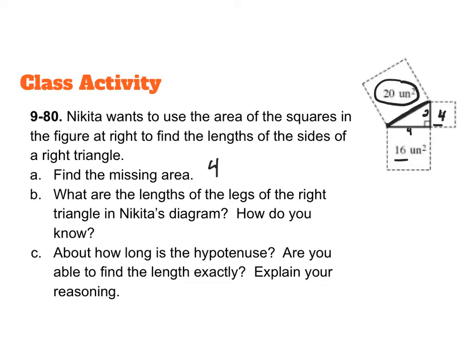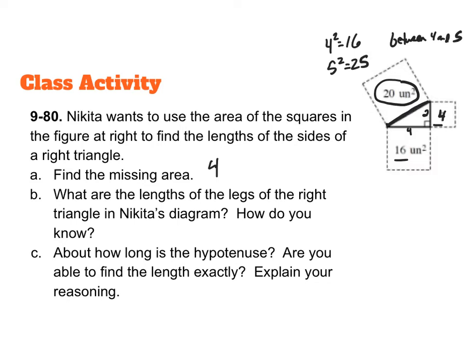So if we think about it, 4 times 4 is 16, 5 times 5 is 25, so that number that has to be multiplied by itself to get 20 has to be somewhere between 4 and 5. So I would say that missing side length is between 4 and 5.